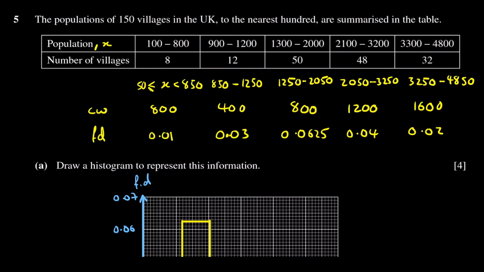Where's the 75th one going to be? Well, I think it's probably good to do a cumulative frequency. So this is 8. 8 plus 12 is 20. 20 plus 50 is 70. And then 70 plus 48 is going to be 118. And this one is going to be 150. So where is the 75th term going to be? Well, it's going to be somewhere in this group, the 2,100 to 3,200, or we could say it's in the 4th category.